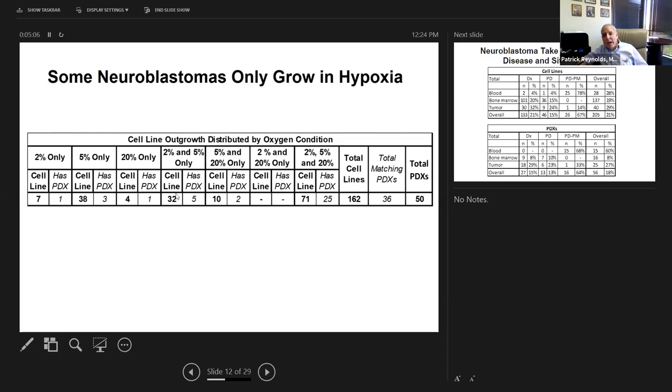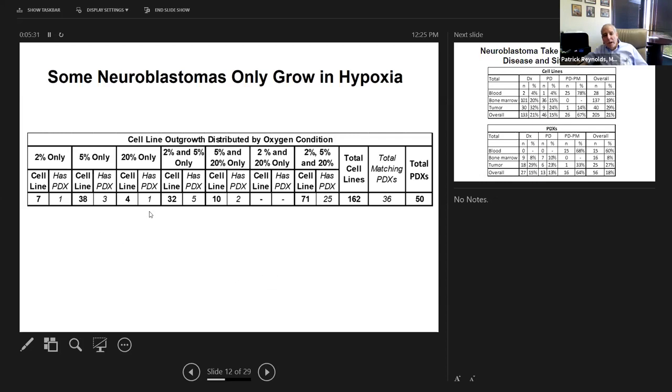So you're looking at about half of these cultures that we got in neuroblastomas that would only grow out if we use some sort of hypoxia. They would not grow at all in the 20%. And some of these will grow in 5% and 20% only. Not surprising, there's none of them that grow only in 2% and 20%, because that's such a wide variation in oxygen concentration.